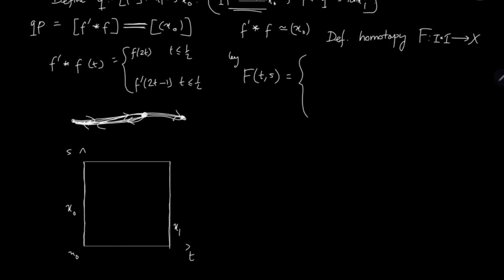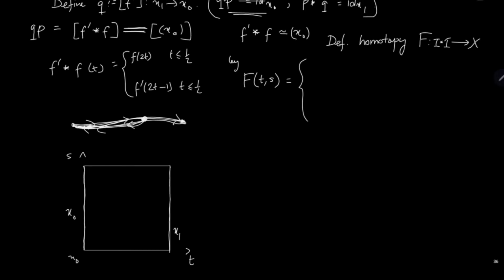This is also x naught. So initially this is f dash star f, and in the end this is the identity, or the constant map x naught. So all of these points are x naught as well.